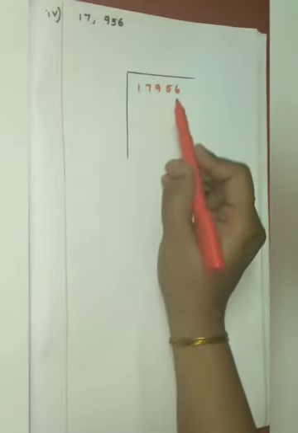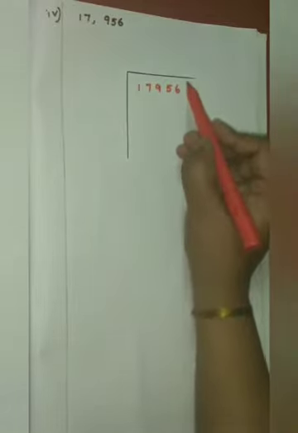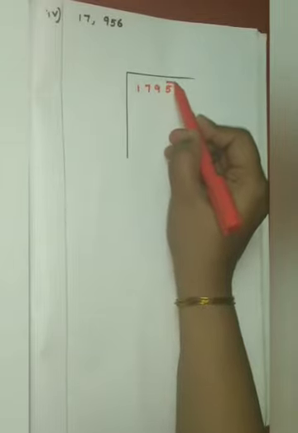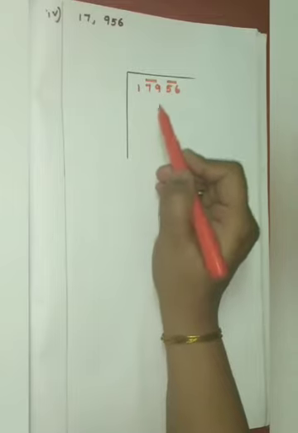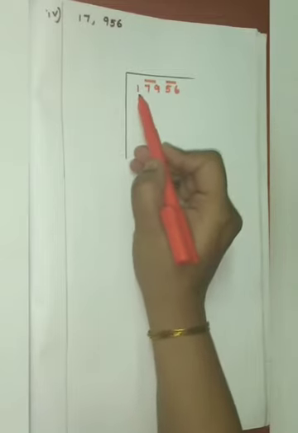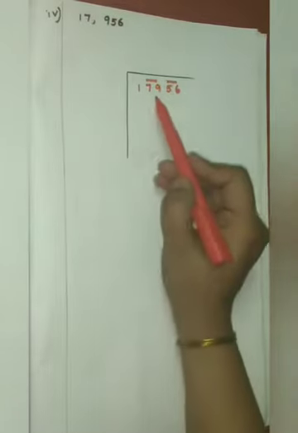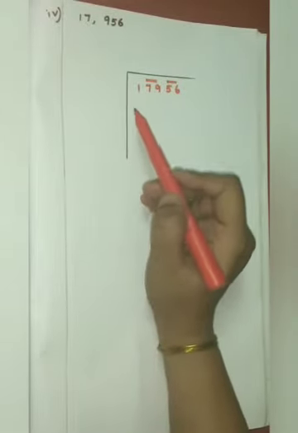First step, group the digits in pairs starting from the right by putting a bar sign above it. Since this number has odd number of digits, the extreme left digit, that is 1, is left without a bar sign above it. Here each pair and the remaining digit is called a period.